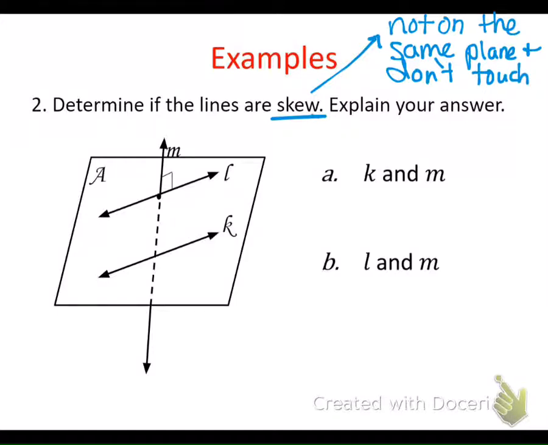So we have two lines here, line K and line M. What do you guys think? The lines are skewed, so you would say yes.